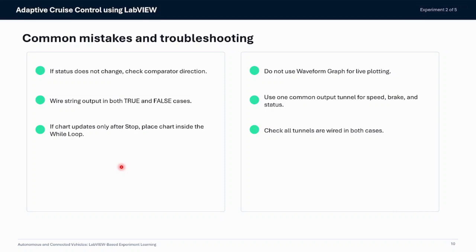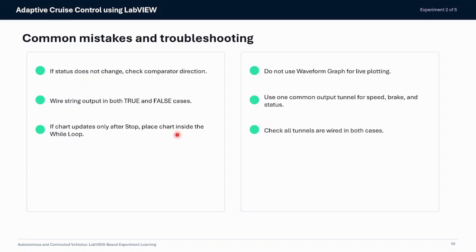So these are some basic mistakes, and we want to do the troubleshooting. If the status, we have to maintain it correctly. We have to maintain the if status, and also in parallel you want to look at the case structure, the true and false case structure. The chart is updated only after the stop. So we know the chart is updated after the stop button.